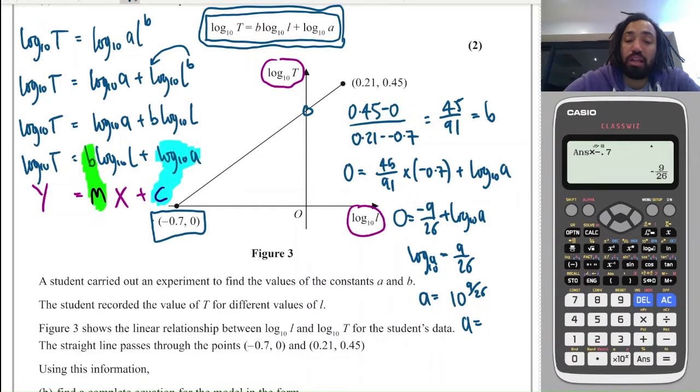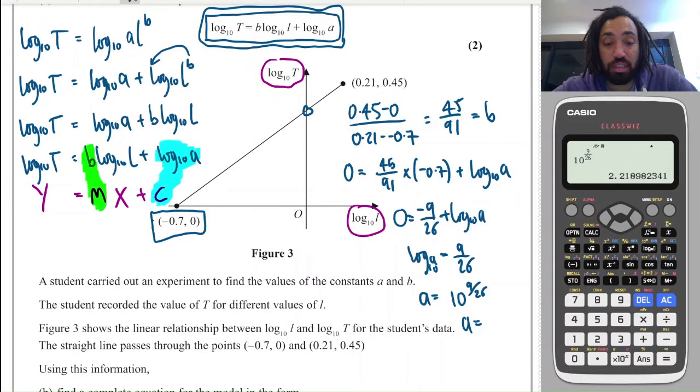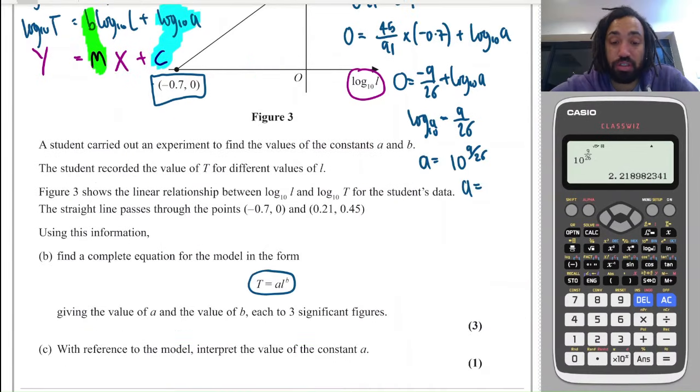And what does that equal? 10 to the power of 9 over 26 is 2.218. Now, does it give you three significant figures? So 2.22, lovely.